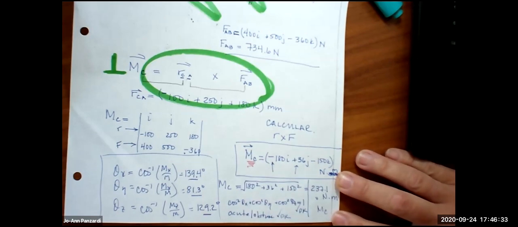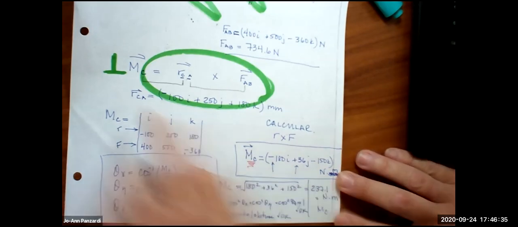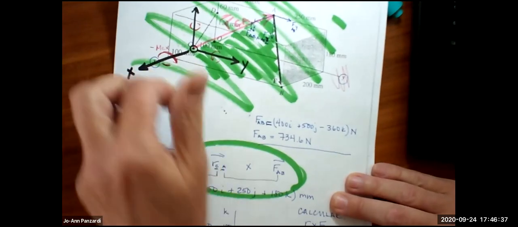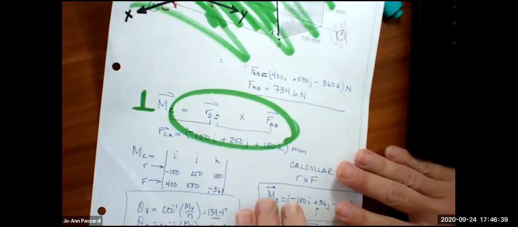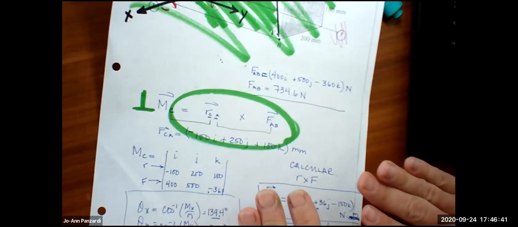Think of it that way. But then just realize it's not a push or a pull. It's a spin. But it's a vector. You know how to deal with vectors. It's just the physical sensation that is different. It's not a pull in the x, it's a spin in the x.